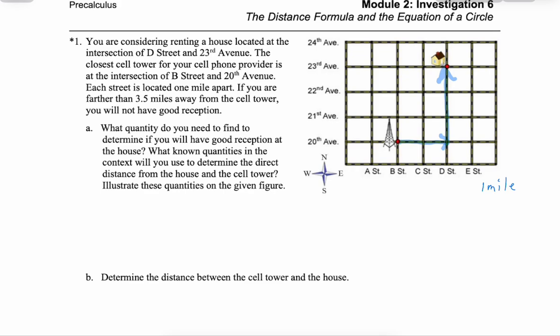We need really the distance between the two locations. And one option is the Pythagorean theorem.